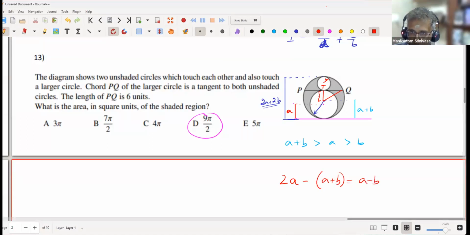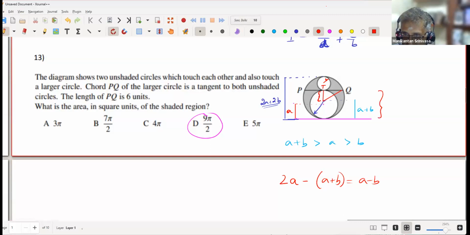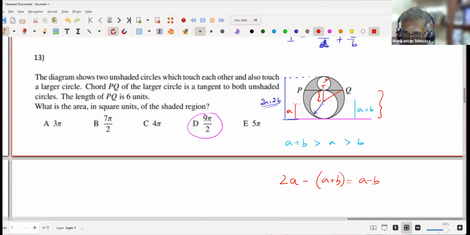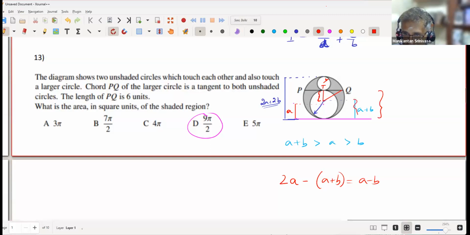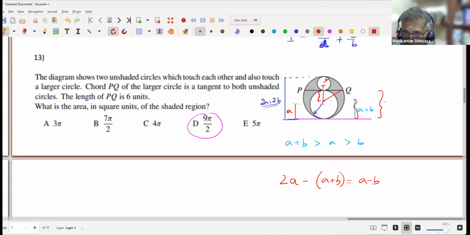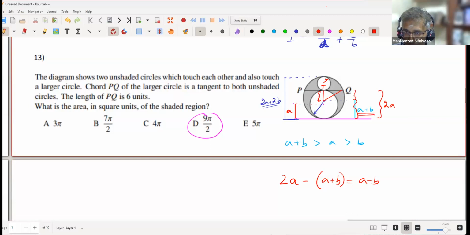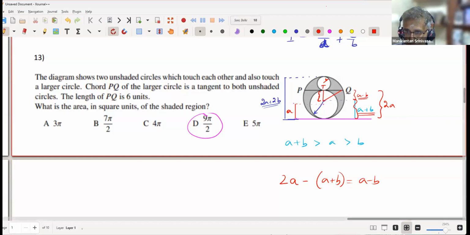I didn't say that clearly. The height that I'm seeking here is nothing but this height minus this height. So this total height is 2A, and this height is A plus B. If I subtract both, this height becomes A minus B. All of you with me? Navya, are you with me?